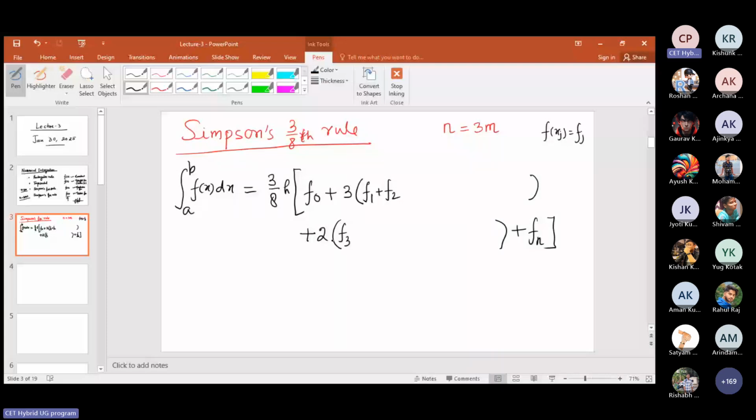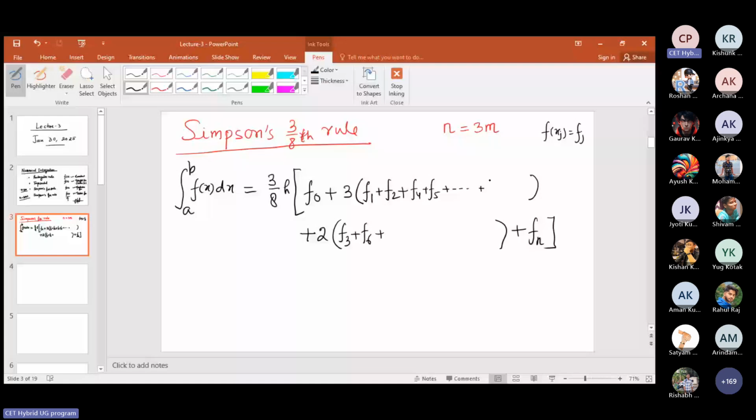Then further f_4 and f_5 will appear with 3, and f_6 will appear with a multiple of 2, because basically these multiples of 3 will be at the border. That's why it is happening. If you connect it with Simpson's 1/3 rule, then dot dot dot, the last values.